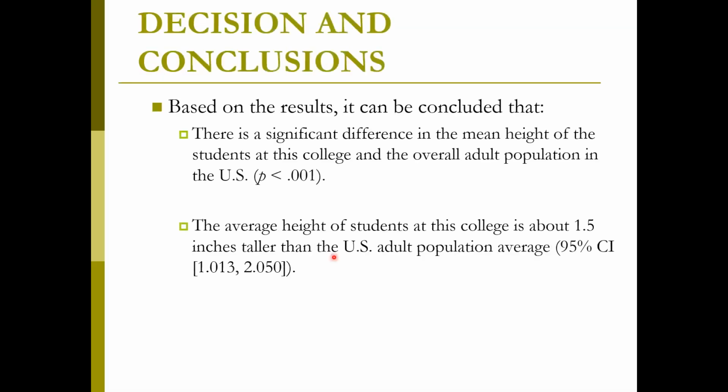Again, we can say that based on our results, we can conclude there is a significant difference in the mean height of the students at the college and the overall adult population in the US because our p-value is 0.001, sorry, 0.001, which is less than the yardstick of 0.05.